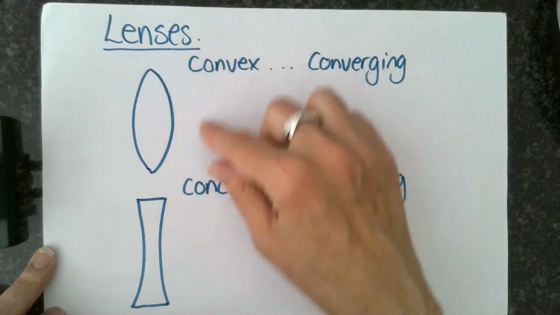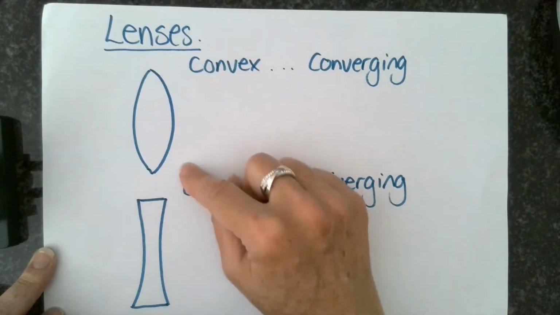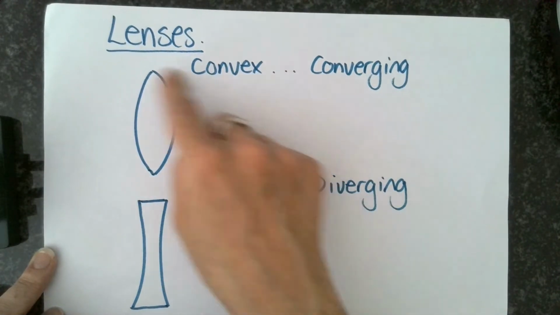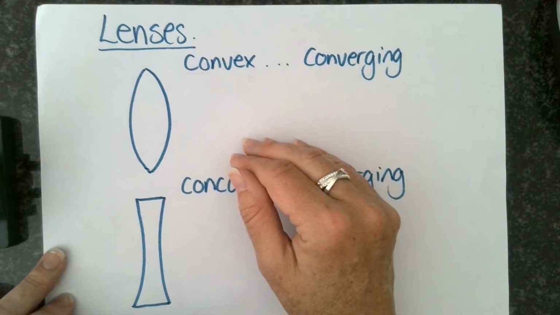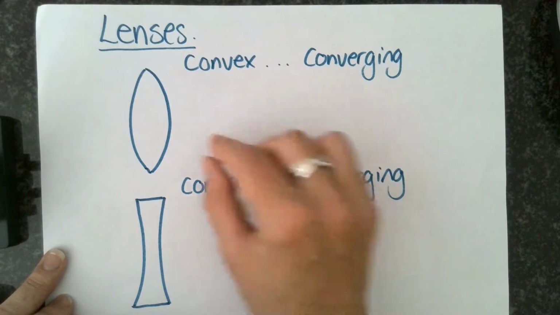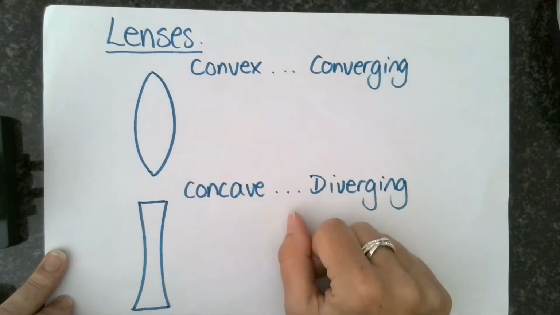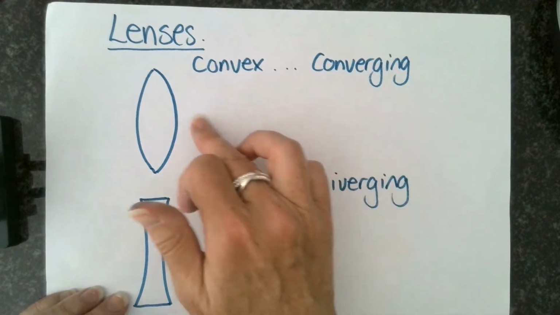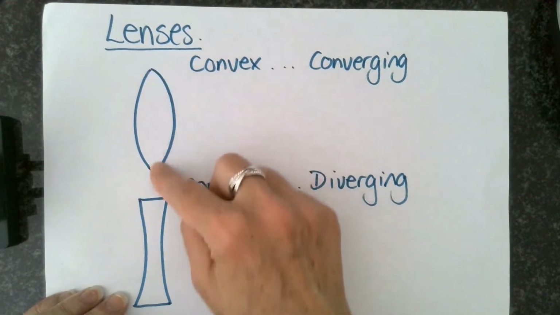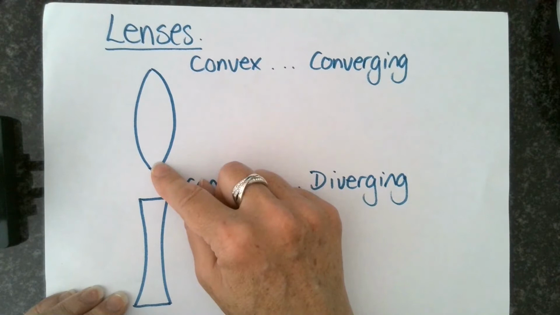So the more curved it is, so I demonstrated it with a circular beaker, the greater the focusing power of the lens. So a fatter, wider lens will focus the light closer to it than a slimmer, thinner lens.